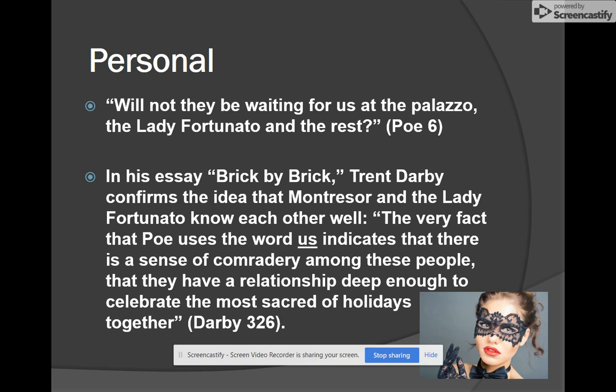And therefore, this treason or traitorous action, according to Montresor, is severe enough to want to make him kill Fortunato. And of course, we read about this all the time. Nothing sends people into a rage faster than a personal relationship.